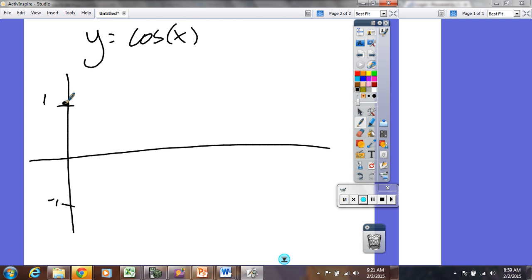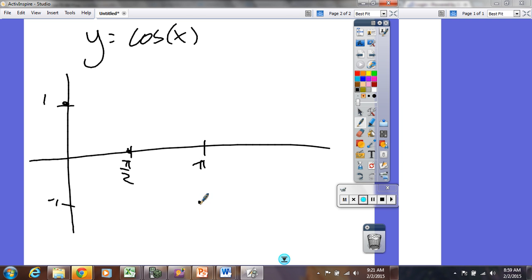Then, I'm going to skip the pi sixth and so forth because I think you're going to get the idea. We just go to the pi halves and everything, right? So I'm going to go to pi halves. What do we get? Look at it. 1, 0. It's 0. Then where do we go? Pi, which is negative 1.